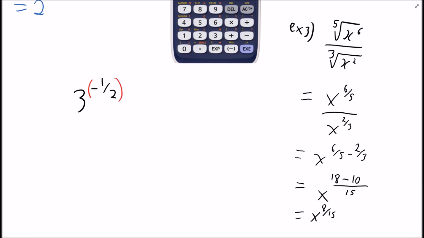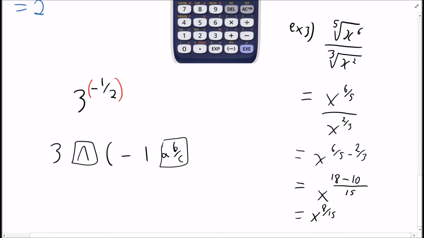So when I'm entering this into the calculator, I'm going to hit 3. Then we're going to hit the exponent button. Then I'm going to use bracket. Then put in negative 1, and then your fraction key, AB over C, and then 2 would work just fine.